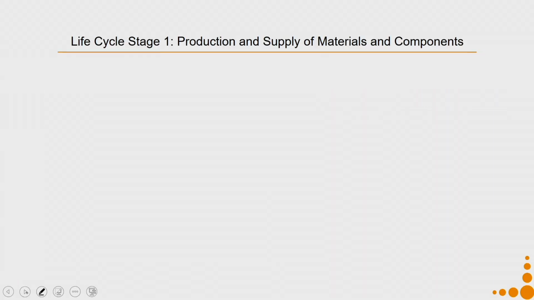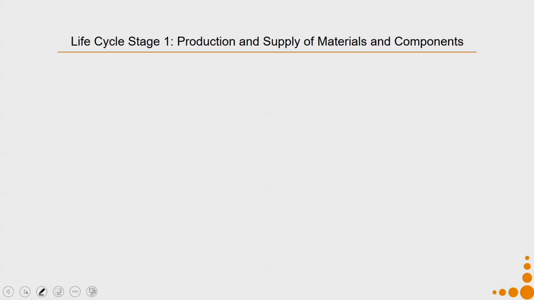So, let us see how we will use the tool. In order to do this EcoDesign strategy, we will work along the life cycle stages. My first life cycle stage is production and supply of materials and components.